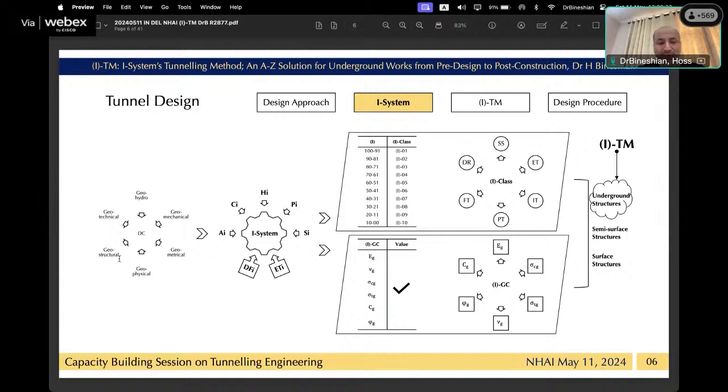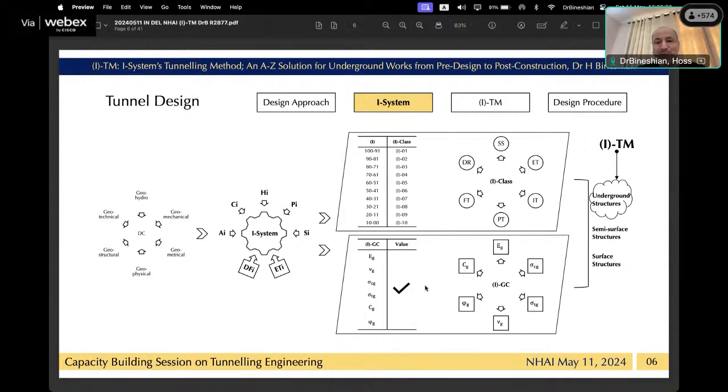All of this data can be collected by eyes, with no machine or equipment required, by an engineer or geologist at the face of the tunnel, or before design of the tunnel on the surface of the mountain. After collection of this data, you put the data into the indices of I-System and impact factors, and you calculate the I-System.